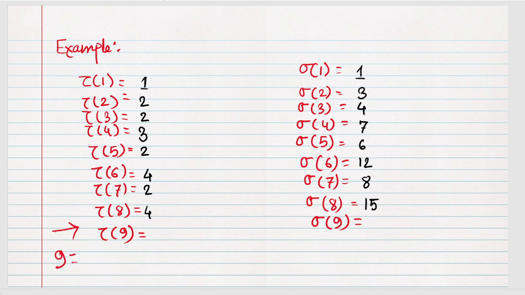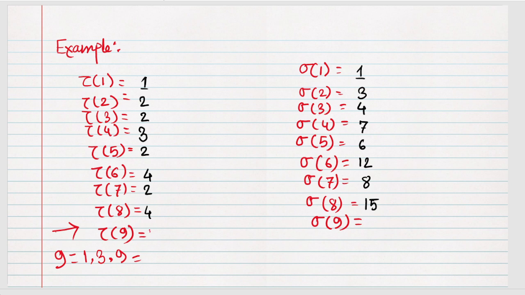Then there is an example for us, that is 9. The divisors of 9 are 1, 3 and 9 itself. Then tau of 9 will be 3.